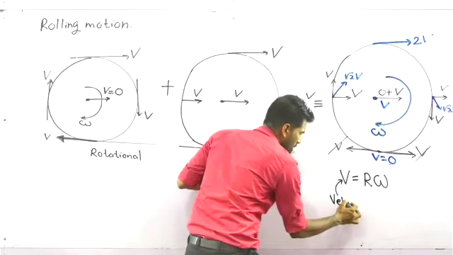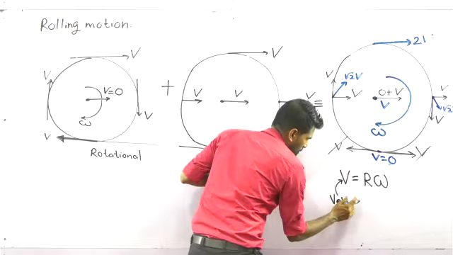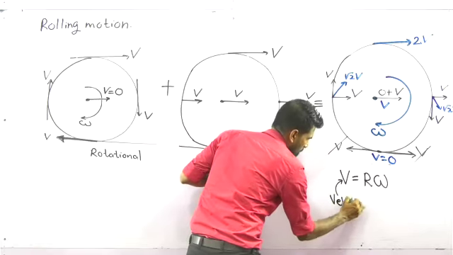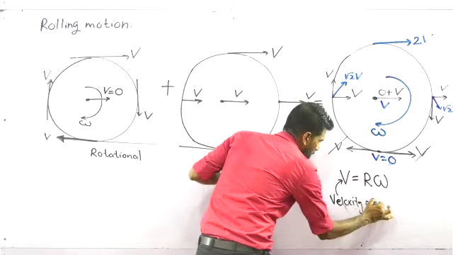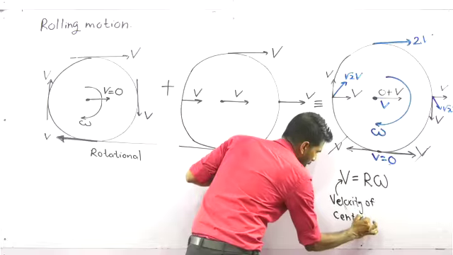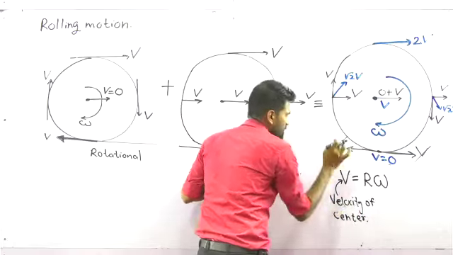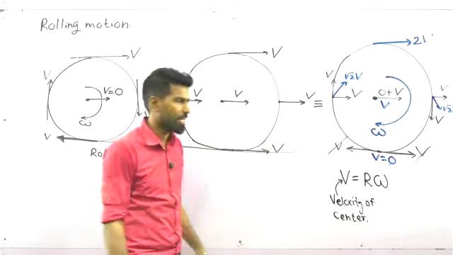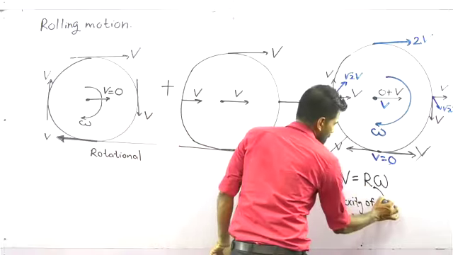V is the velocity of center. You can write it with me. Velocity of center. This V is the velocity of center. R is the radius.